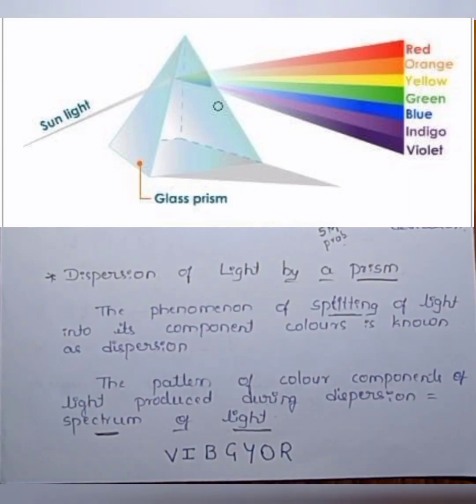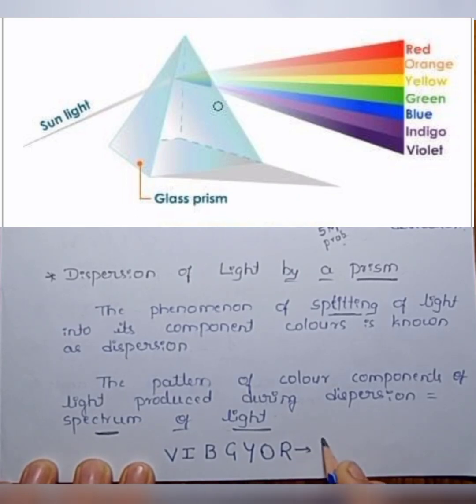Here, red light bends the least while violet light bends the most. In a similar way, red light travels fastest and violet light is slowest in the glass prism.